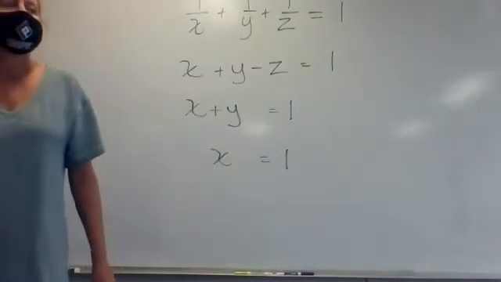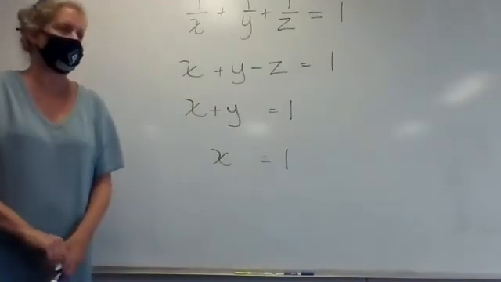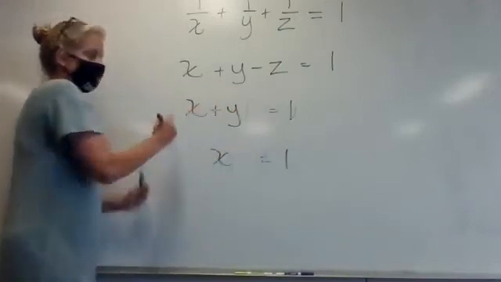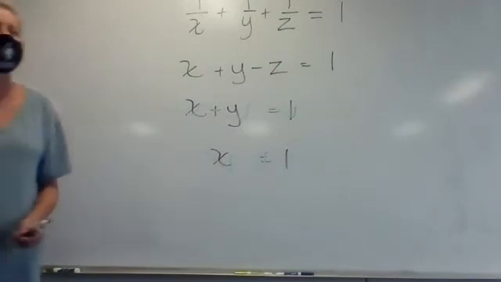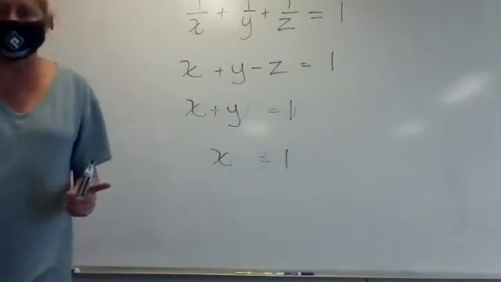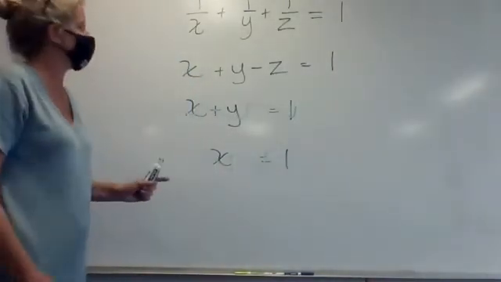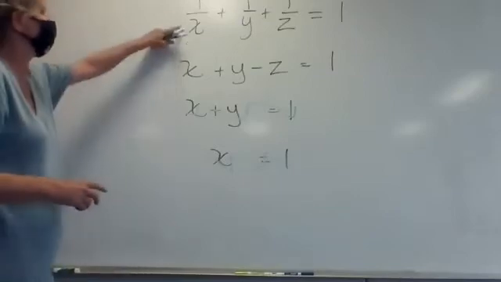Now, 3 variables means 3 different letters, which means it's not this one or this one. They do not have 3 variables. It wants me to pick out the answer that is a linear equation with 3 different variables.